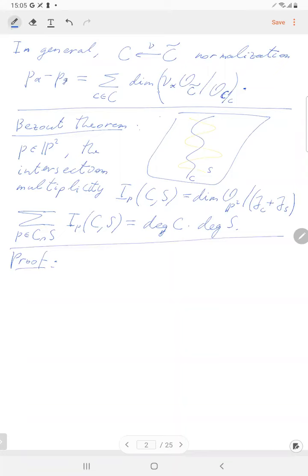So, well, let us just introduce a shortcut for this quotient. Because the sum of ideals is an ideal, and hence this quotient is a ring, but it's a finite dimensional ring, right? It's supported only at the point of intersection.